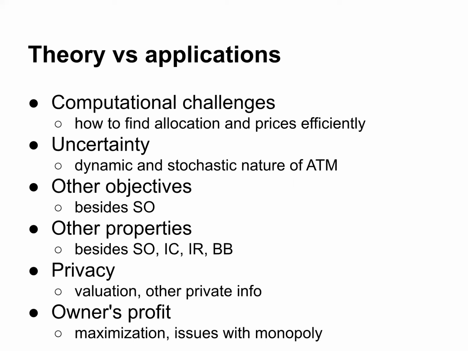So the total welfare could be maximized by giving somebody a lot and giving very little to somebody else. So maybe we may want to have more equitable mechanisms. There has been some research on that.